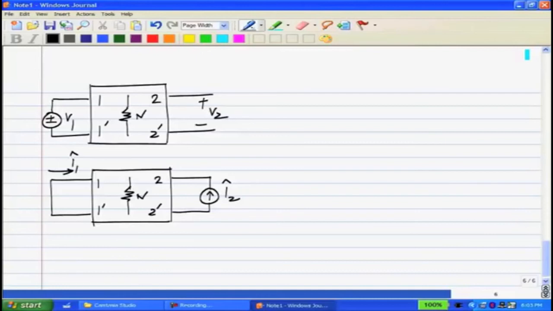Please mind the directions of voltages and currents, otherwise you will end up with extra minus signs in different places.